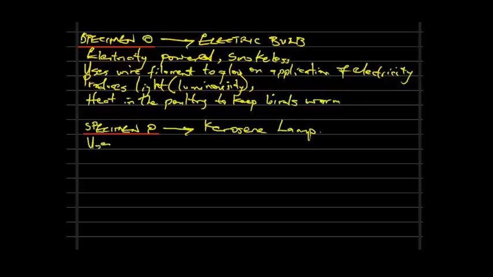It uses kerosene as its primary fuel, unlike specimen O, which is the electric bulb, which uses electricity to give out its glow.